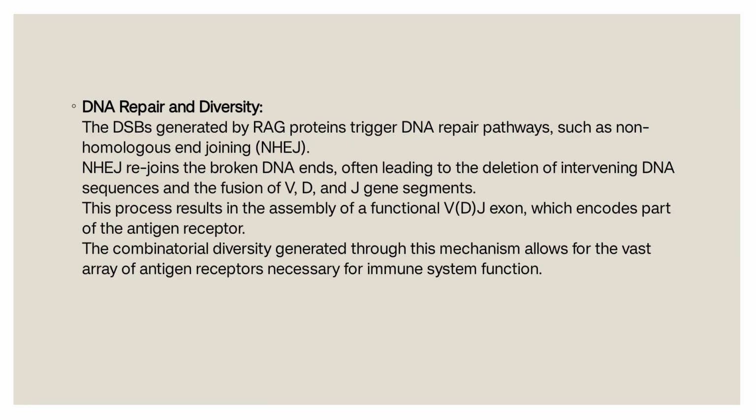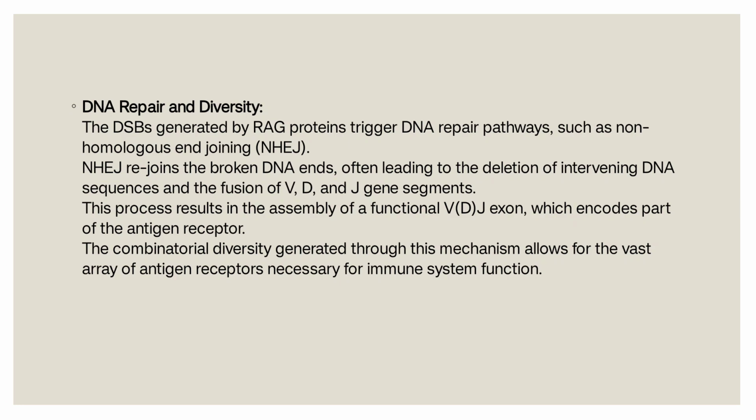DNA repair and diversity. The DSBs generated by RAG proteins trigger DNA repair pathways such as non-homologous end joining, NHEJ. NHEJ rejoins the broken DNA ends, often leading to the deletion of intervening DNA sequence and the fusion of V, D, and J segments.